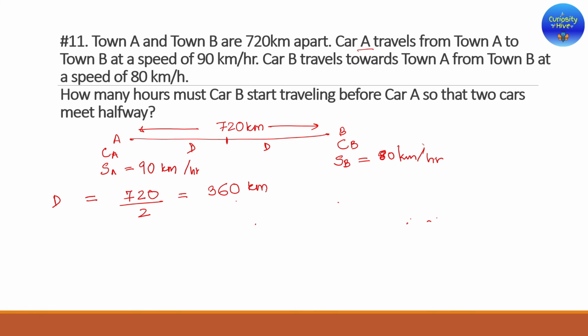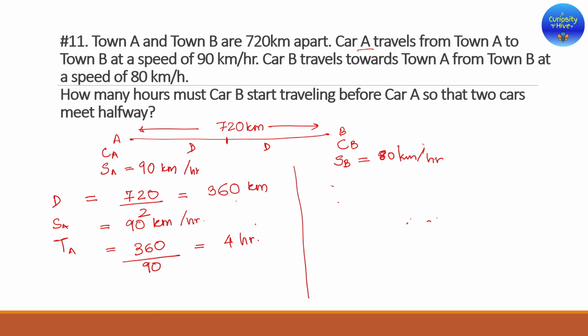And the speed of A is also known. So that means the time taken by car A to reach the midway is 360 divided by 90, which is equal to 4 hours.